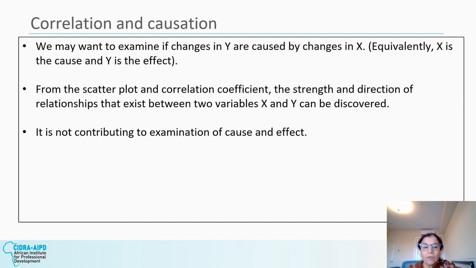So in causation, we may want to examine if changes in Y are caused by changes in X. Equivalently, we say X is the cause and Y is the effect. From the scatter plot and correlation coefficient, the strength and the direction of the relationship that exists between two variables, X and Y, can be discovered. But it is not contributing to examination of cause and effect.